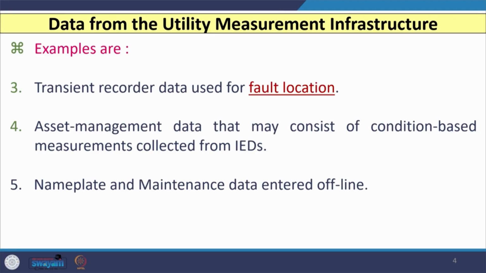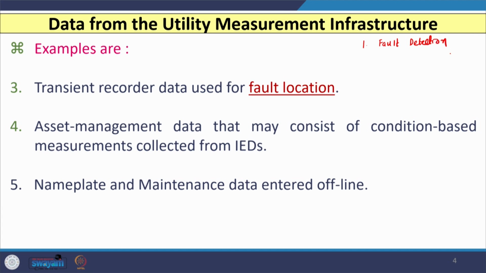The third example is the data available from the transient recorder, and this data is related to fault location. When we consider any power system network, three tasks are required. The first task is fault detection.